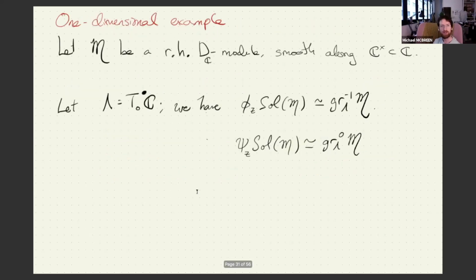So let me quickly discuss a one-dimensional example of this setup. We start with a regular holonomic D-module, which is smooth along C star inside C. Maybe we can restrict to a little disk around the origin. And we'll take lambda to be just the fiber over 0 in the cotangent bundle.